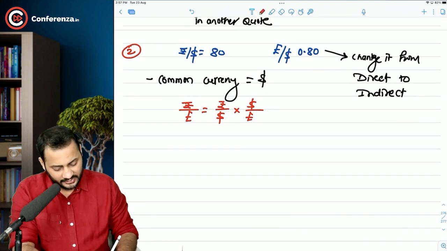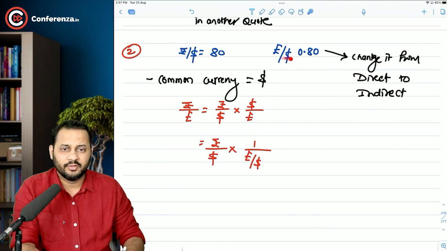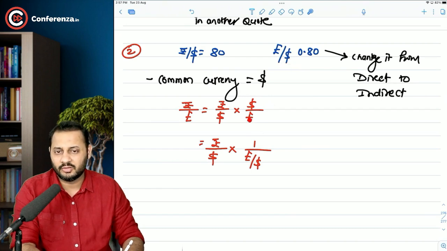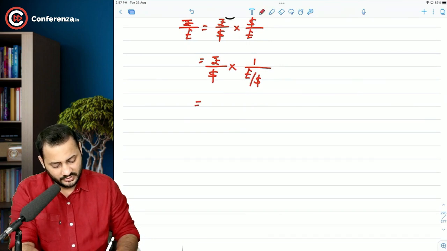It is going to look like this: rupees per dollar multiplied by 1 divided by pound per dollar. Can I write it like this? Pound per dollar, 1 divided by. Whenever I am going to reverse this, it is going to look like dollar per pound. If you reverse this, it will become dollar per pound. So I am reversing this equation.